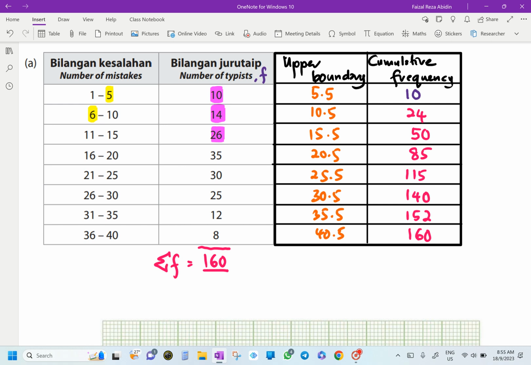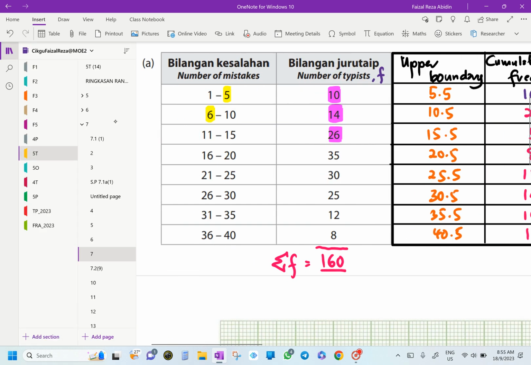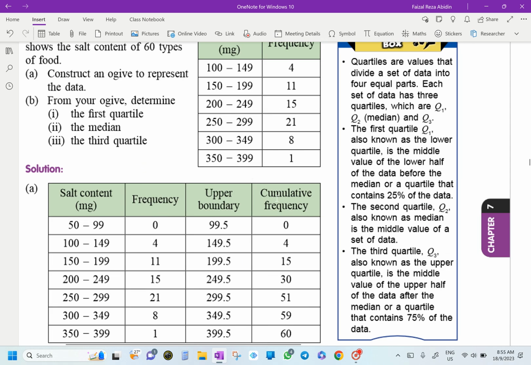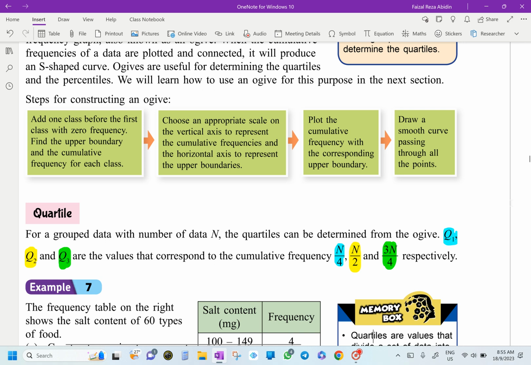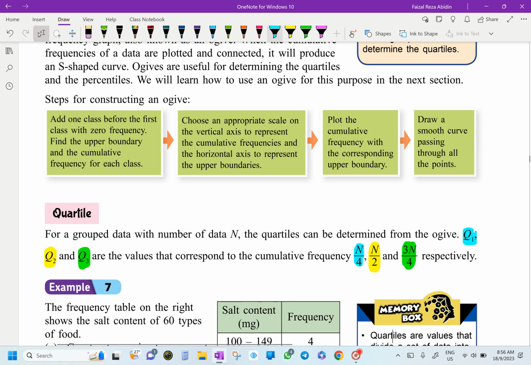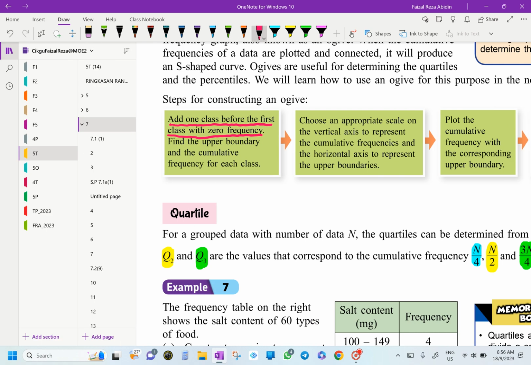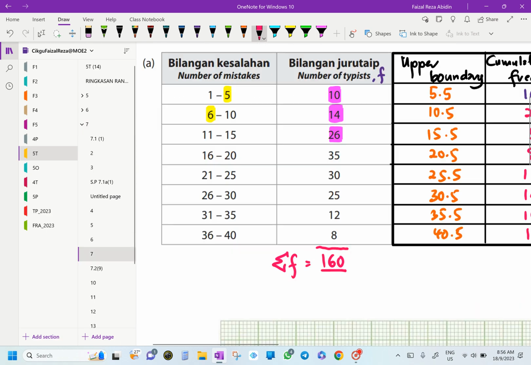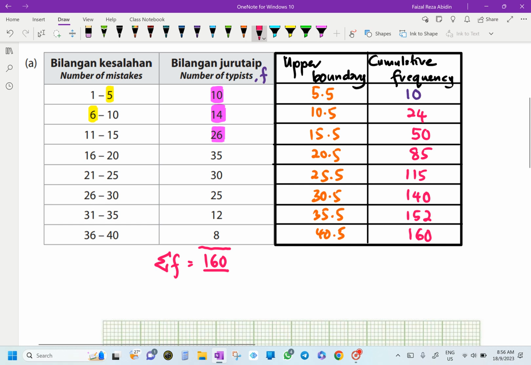If you refer back to our textbook, there is a step for constructing an ogive: add one class before the first class with 0 frequency, because we are going to start from 0. So the class before 5.5 is going to be what? 0.5, isn't it?